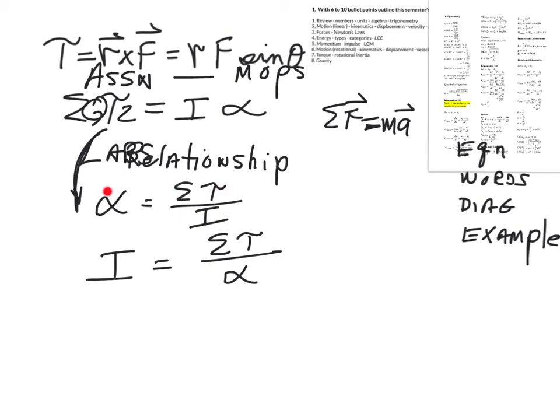So more torque, more acceleration, more inertia, less acceleration. It's also useful to rewrite it this way, that rotational inertia of an object is the ratio of the torque to the acceleration. And remember, in lab, we use this relationship by measuring torque and angular acceleration to get the rotational inertia.